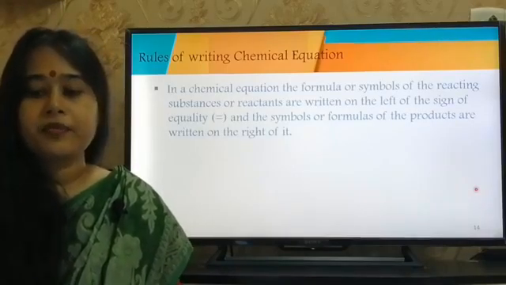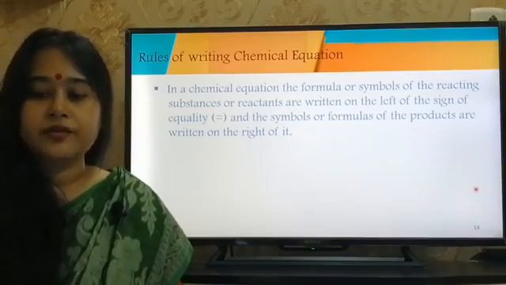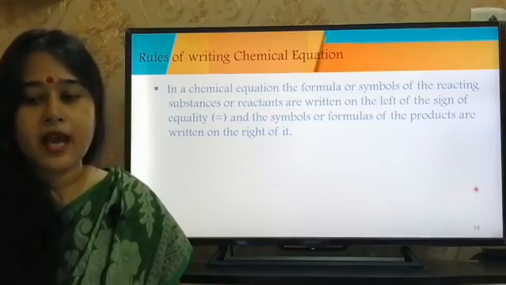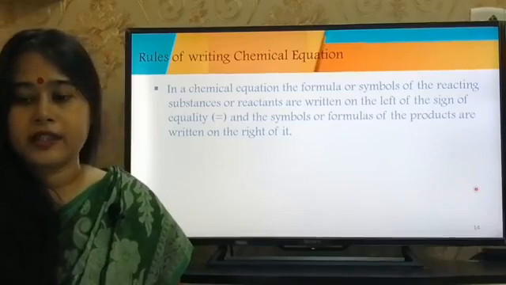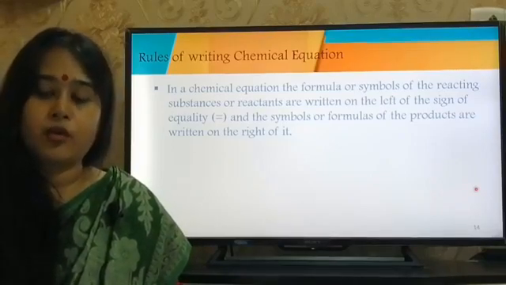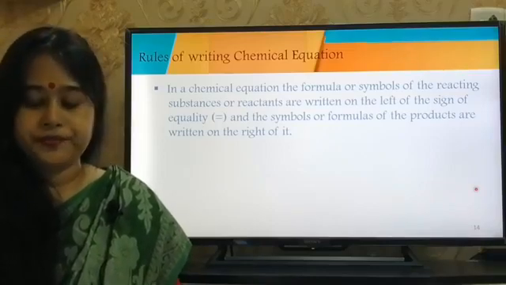First rule is, in a chemical equation the formula or symbols of the reacting substances or reactants are written on the left of the sign of equality, and the symbols or formulas of the products are written on the right of it.